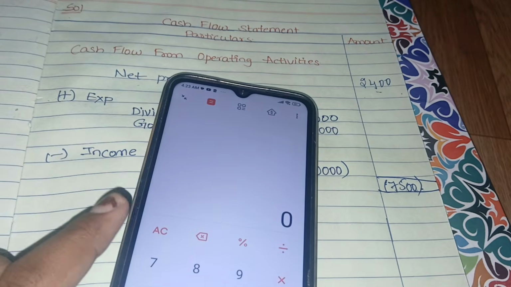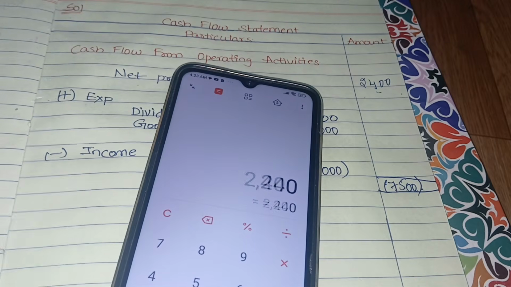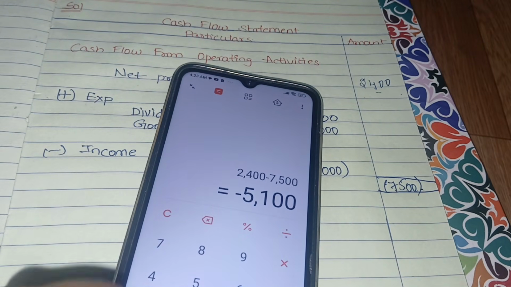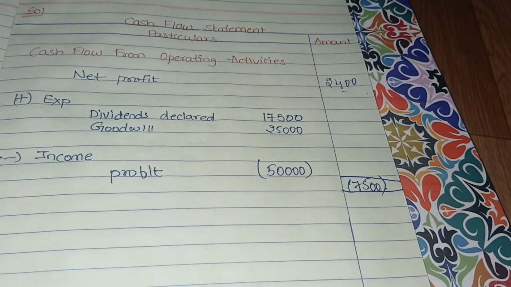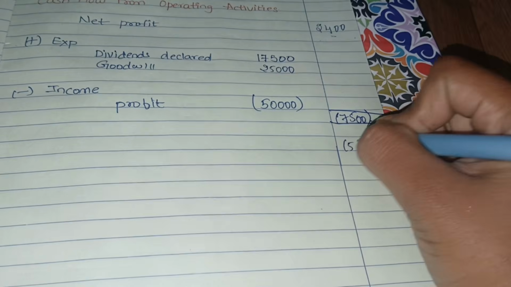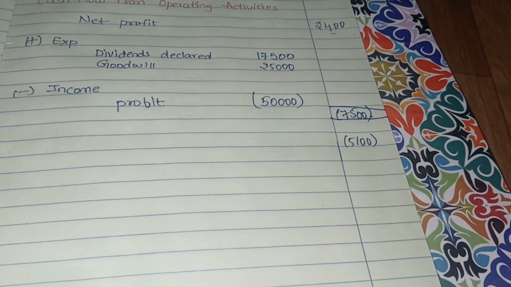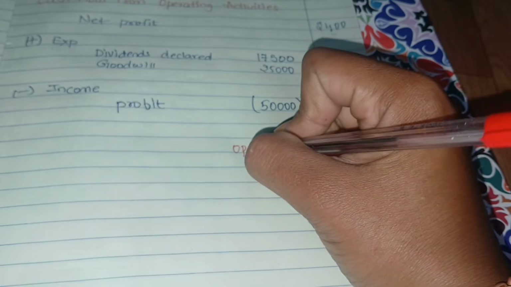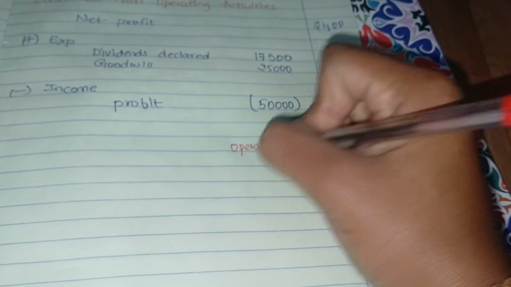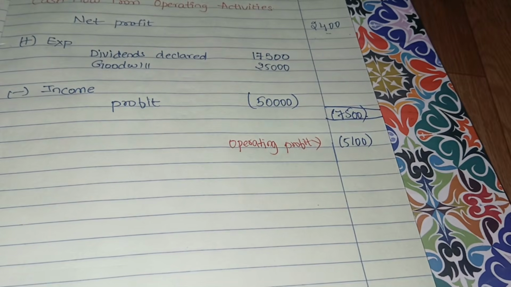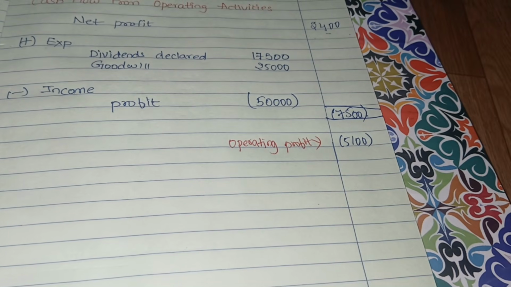Okay, see here, 2,400 minus 7,500, if you do, what will be the answer? Minus 5,100. This minus 5,100 is called operating profit. According to the proforma only I am making it.